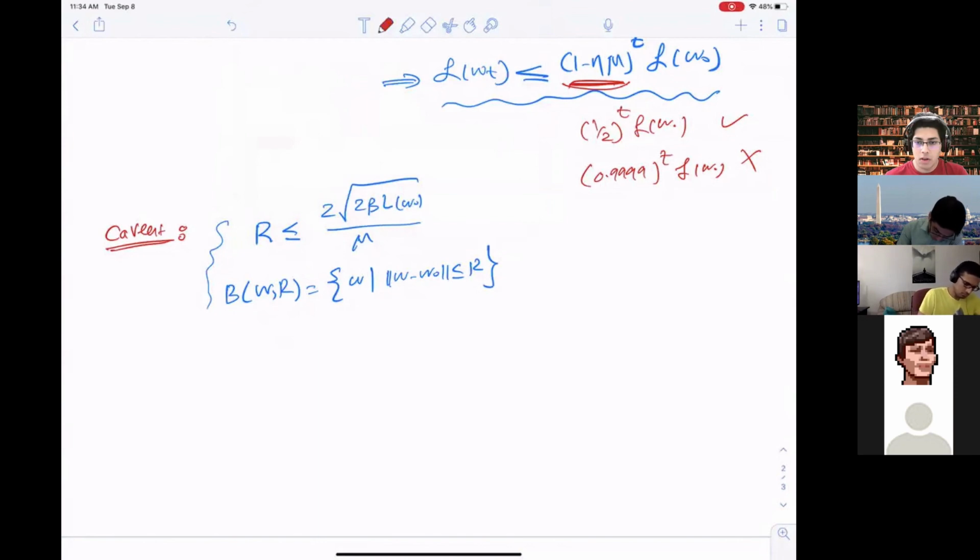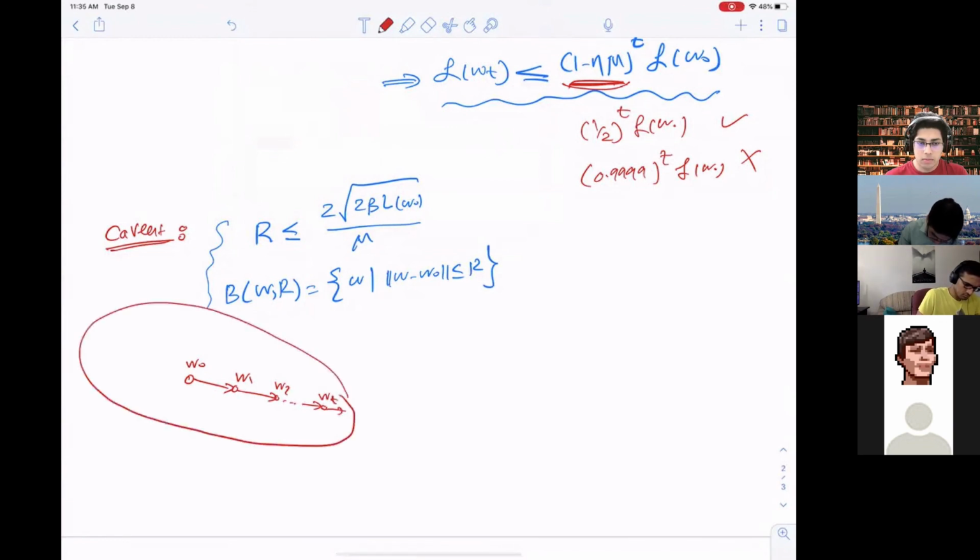So you start from W0, you go to W1, you go to W2, let's say WT. So one part that we also need to show is that we remain in this ball using the gradient descent dynamics.